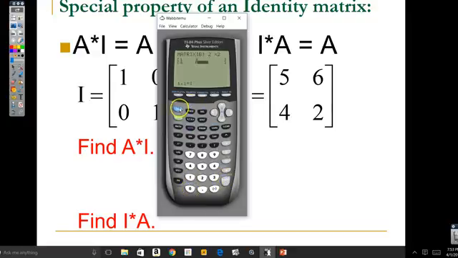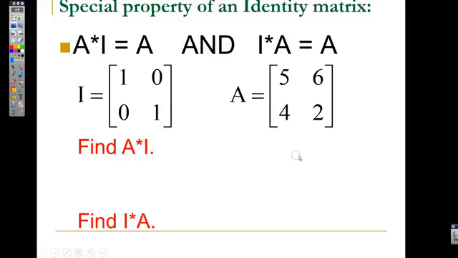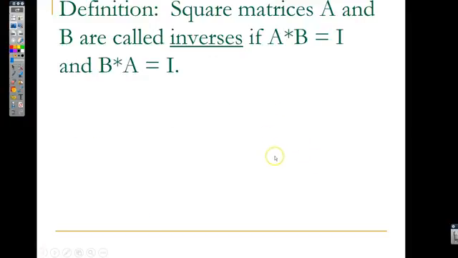So that's the identity matrix. So if we say matrix A times matrix B, we get what we started with. If we say matrix B times matrix A, again we get what we started with.